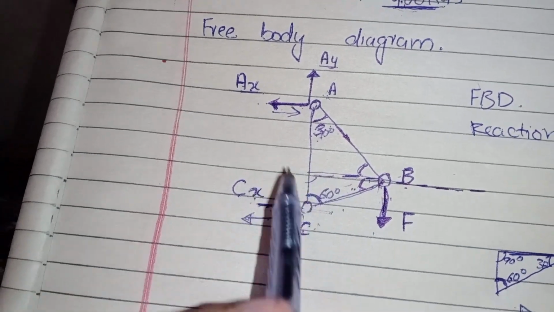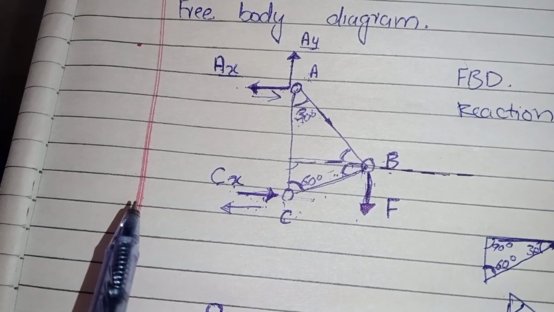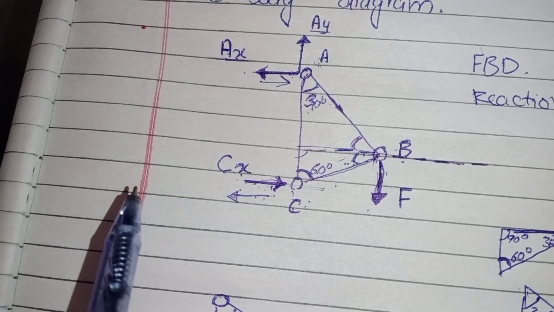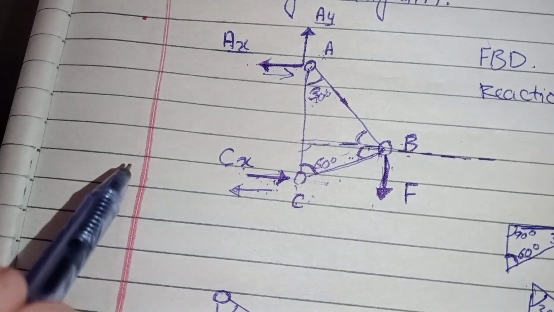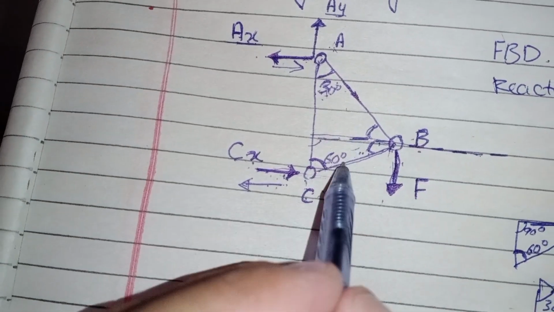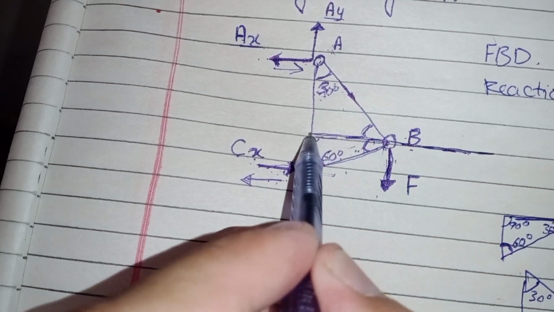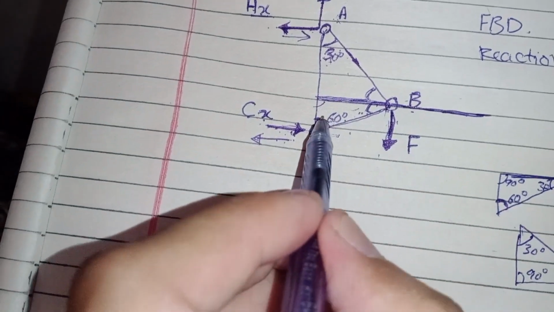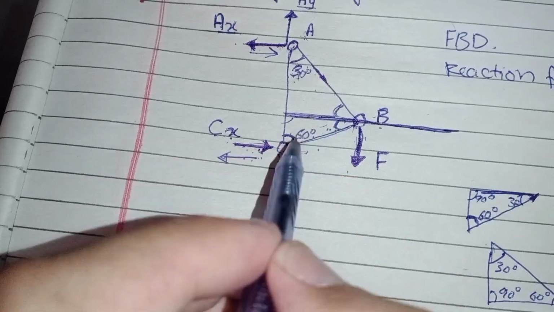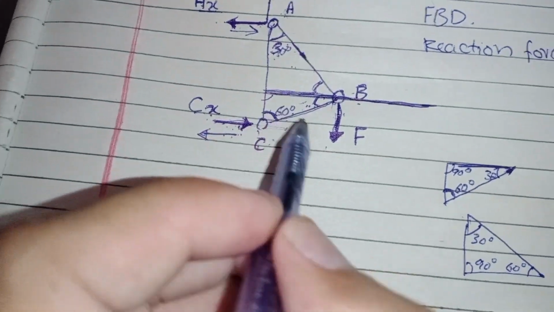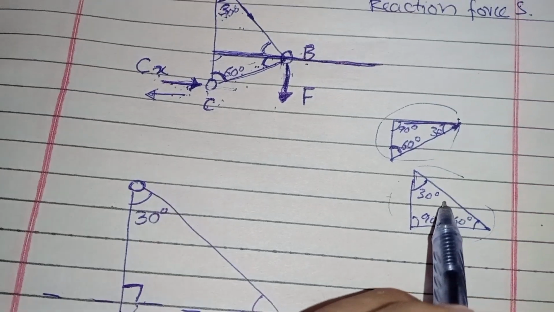so we have to find out this angle. A triangle has 180 degrees in total, so if you divide this whole triangle into two parts like that, the first triangle is here, and the second triangle is here.